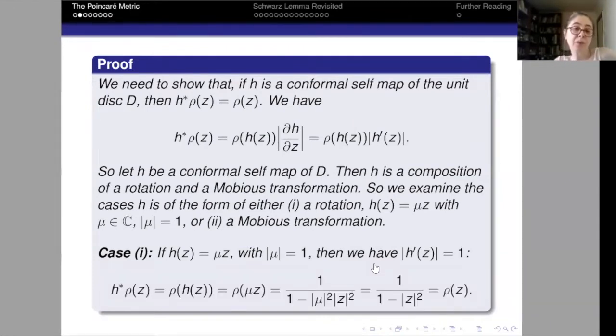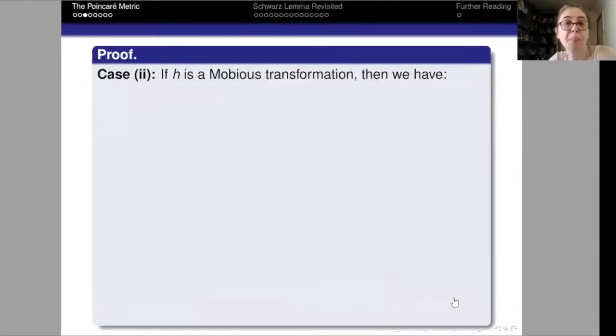So when we put everything in the equation, we get the pullback of rho with respect to H is equal to 1 over 1 minus absolute value of mu squared times absolute value of z squared, but absolute value of mu is equal to 1, so this thing is equal to rho of z. So this proves the case when H is a rotation.